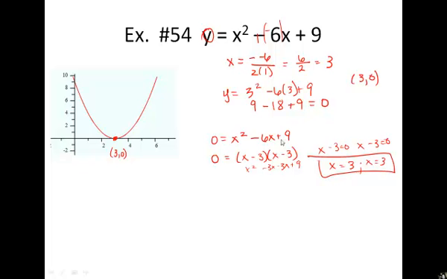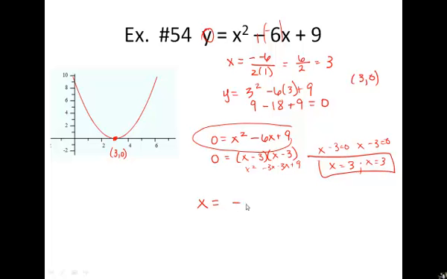Otherwise, what you can always do is if you ever see a quadratic set equal to 0, we always want the quadratic set equal to 0, we can use the quadratic formula because the quadratic formula will get us those x values of our x-intercepts if you ever have that situation.